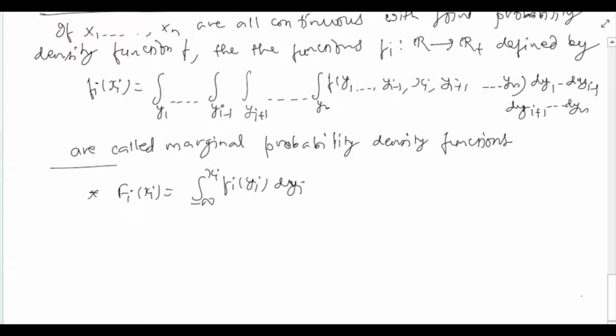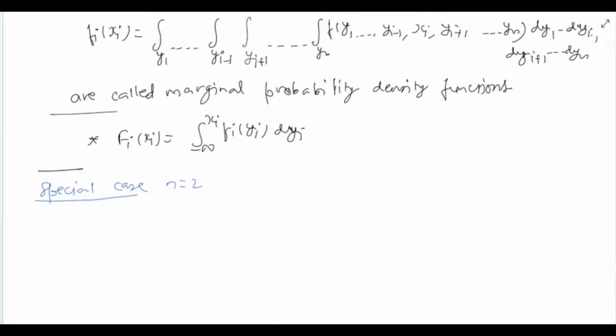The concept of marginal distributions as defined above for n random variables might look complex but can be easily motivated by considering the case of two random variables. So let us see the special case of n equals 2 to better understand the idea of marginal distributions.